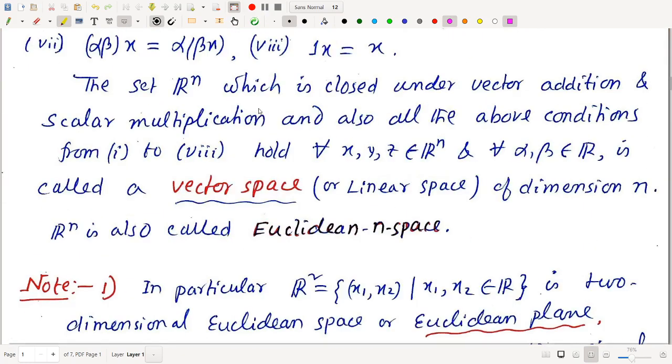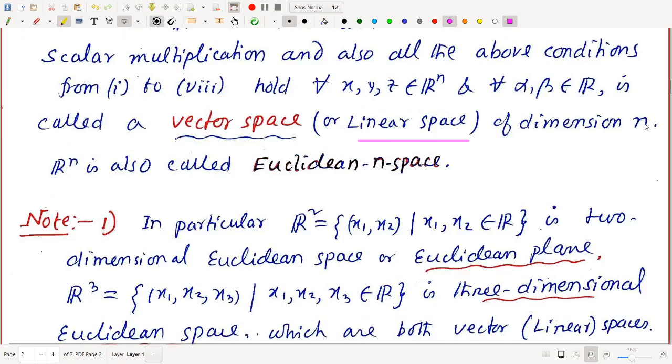The set R^n, which is closed under vector addition and scalar multiplication, and for which all the above conditions 1 to 8 hold for all x, y, z in R^n and all scalars alpha, beta in R, is called a vector space or a linear space of dimension n.